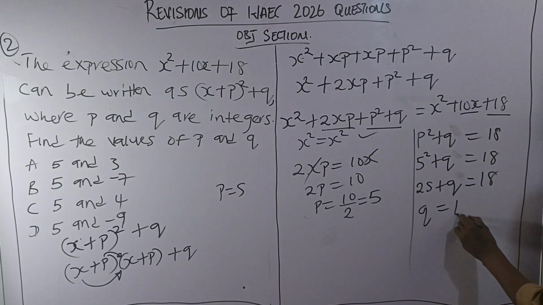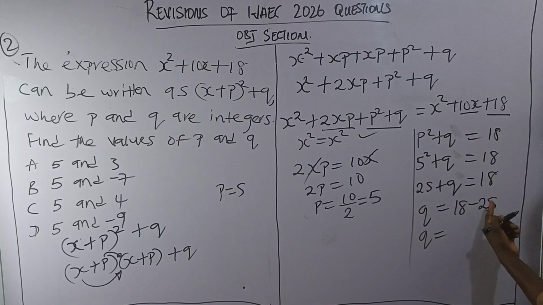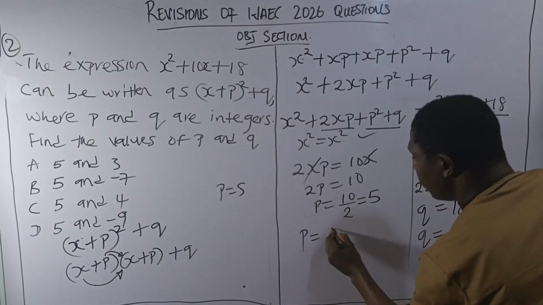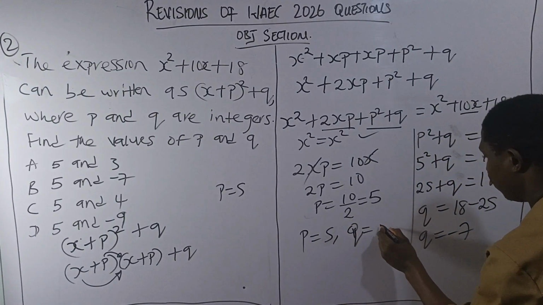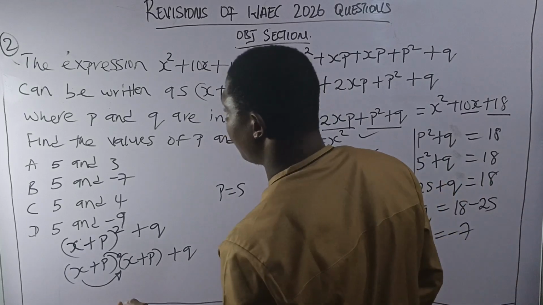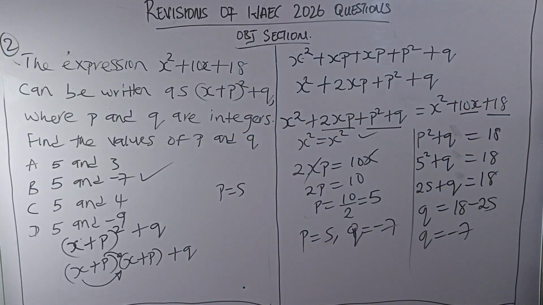And q square will be equal to 18 minus 25. 15 minus 8 is 7, and 1 minus 1 is 0, so since 25 is being subtracted from 18, it becomes negative. So my p is equal to 5, and my q is equal to minus 7. So I have 5 and minus 7. So this corresponds to my option b. Thank you.